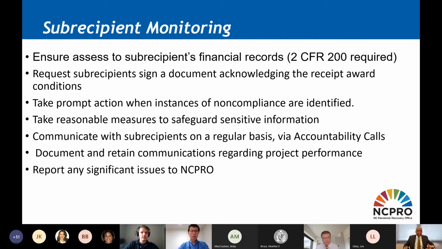Communication is extremely important as we partner with the subrecipients, as we work together within the administering agencies, and in your communication with NCPRO. So communicate with subrecipients on a regular basis with these accountability calls. Document and retain your communications regarding the performance along the way. And again, report any significant issues to NCPRO.